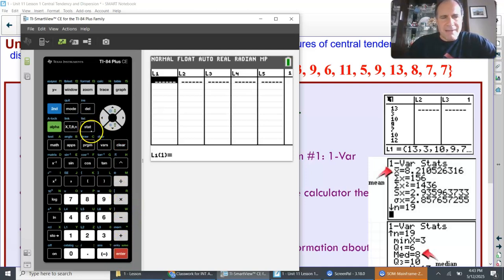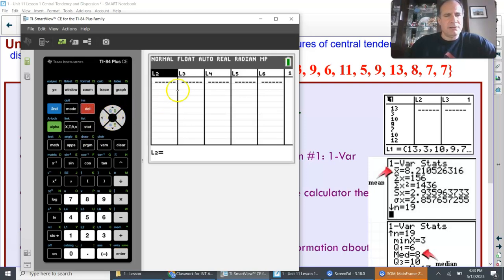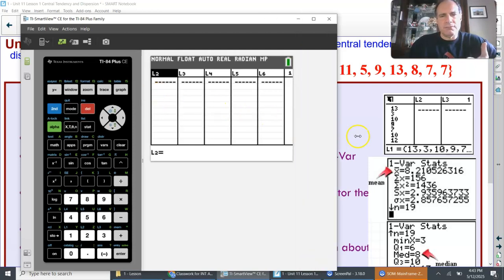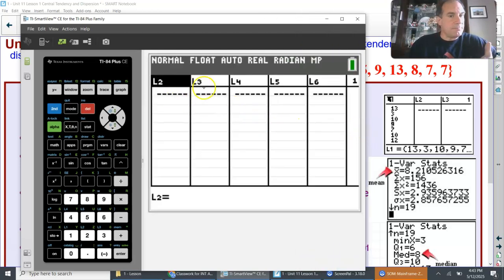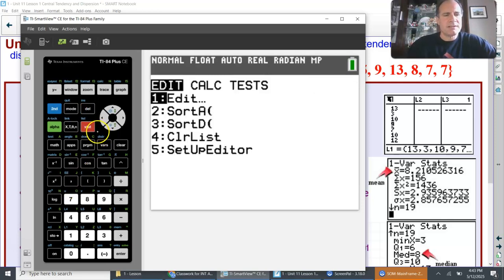So if you happen to go up to L1 and press delete, notice that L1 is gone. You may try to press delete again and L2 will be gone, maybe reset the calculator, but nothing brings that L1 back except if you press stat and you see this number 5, called setup editor.